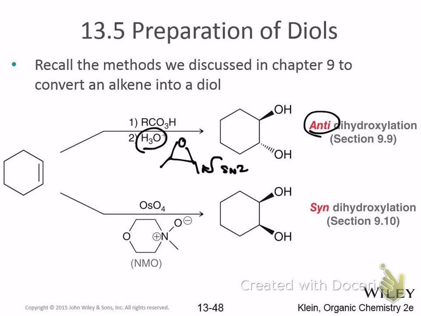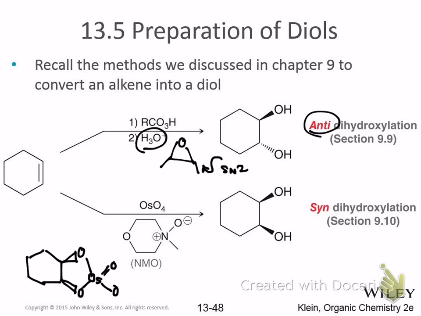And this one, using osmium, involves a cyclic intermediate. Because this is formed in a concerted step, both these oxygens have to be on the same side of the pi bond, so they're either both in the upward direction or both in the downward direction on the ring.